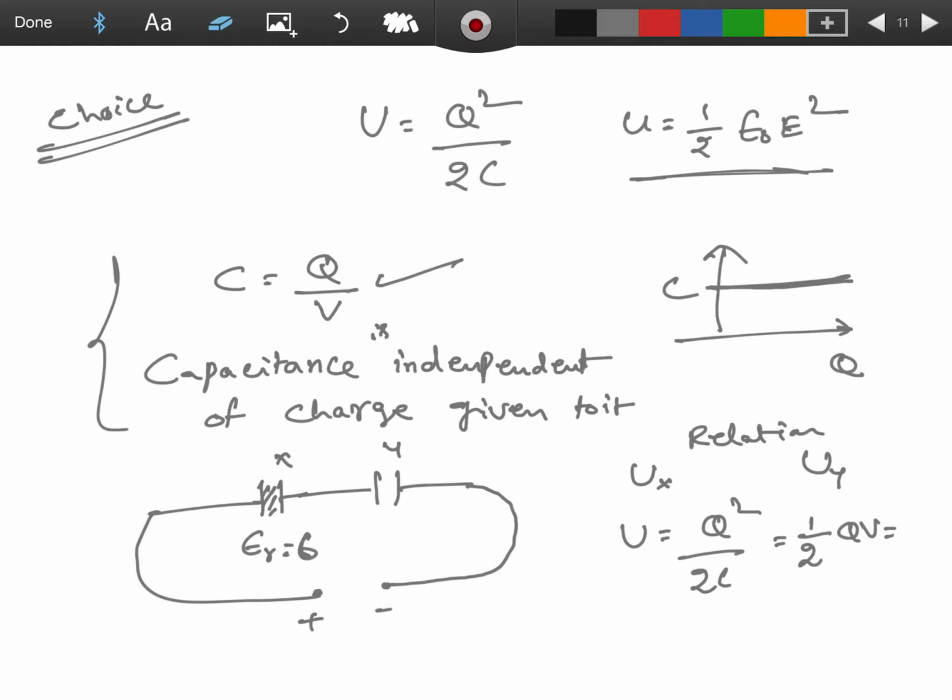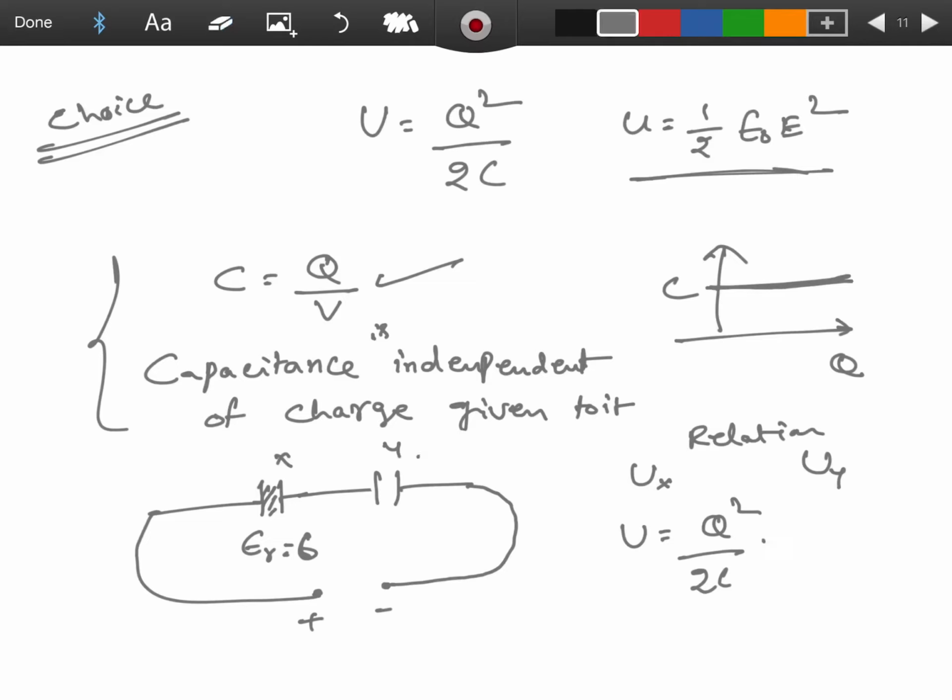You choose the equation in such a way that maximum constants are there. Here Q is there, V I don't know, whether V is constant or not. C I know, but V I don't know. Avoid the voltage terms. The voltage of this one I don't know. Maybe here V1 voltage, here V2 voltage. It is going to be complicated.